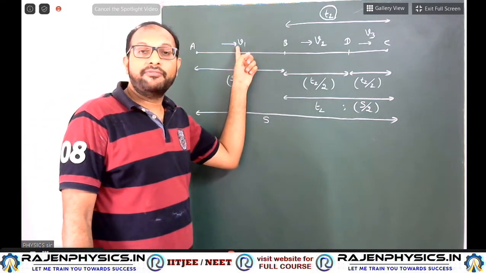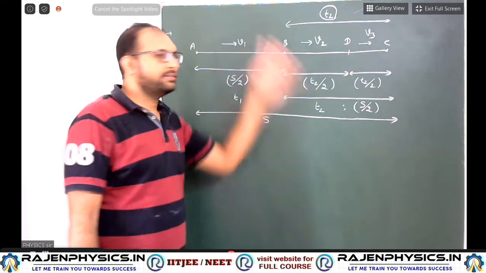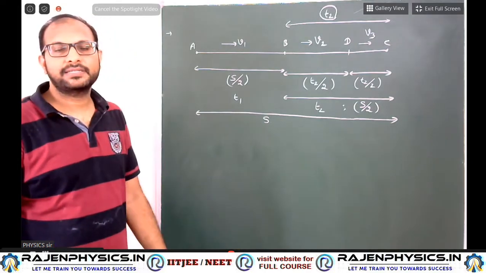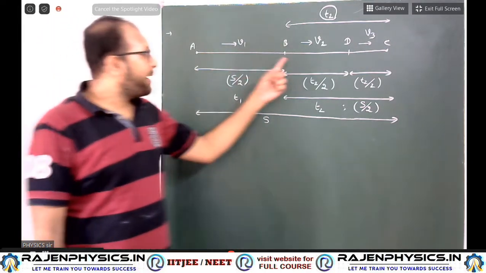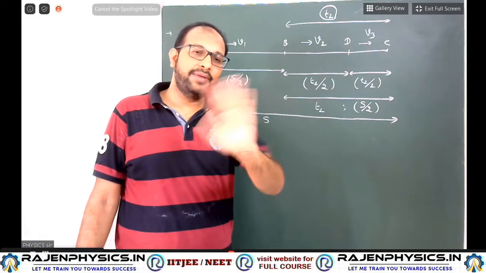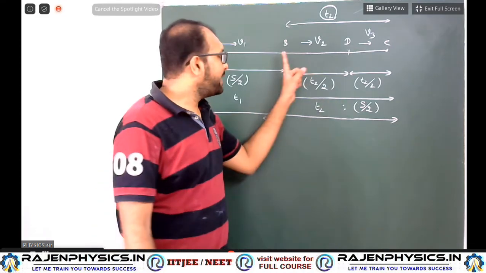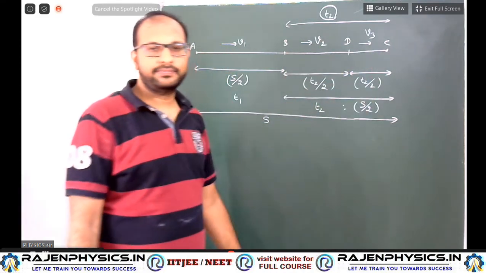Remember, half of the distance is traveled with V1. The remaining half is not traveled with a single velocity.